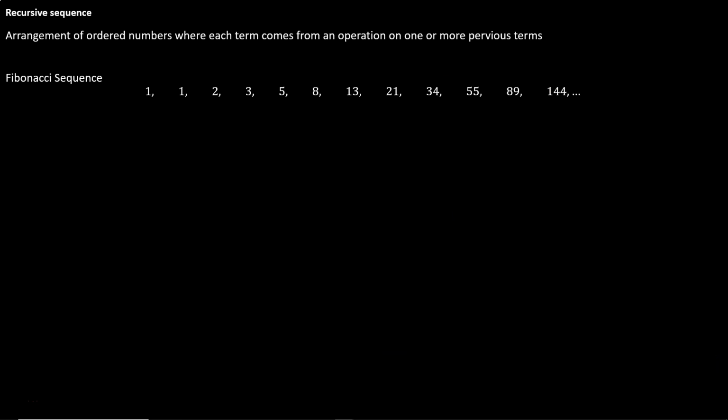Arithmetic sequences are one example of a recursive sequence. But a recursive sequence is even more vague, because it's an arrangement of ordered numbers, where each term comes from some operation on one or more of the previous terms. Here's an example called the Fibonacci sequence.